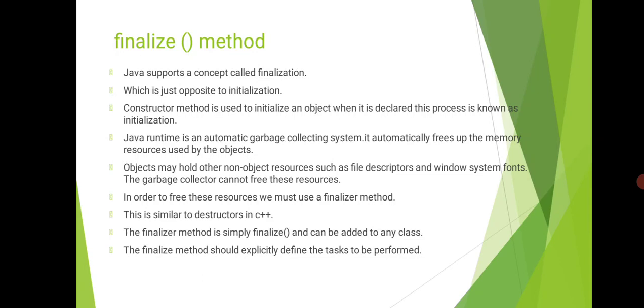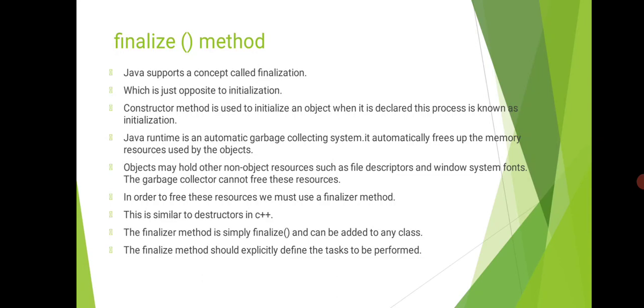Java is a robust and secure language, right? Why? Because it has a garbage collector heap. This garbage collector heap looks after the objects which are to be created, which are already used, or which are running. Everything, that is, object creation and object deallocation, is done by the garbage collector heap, right?